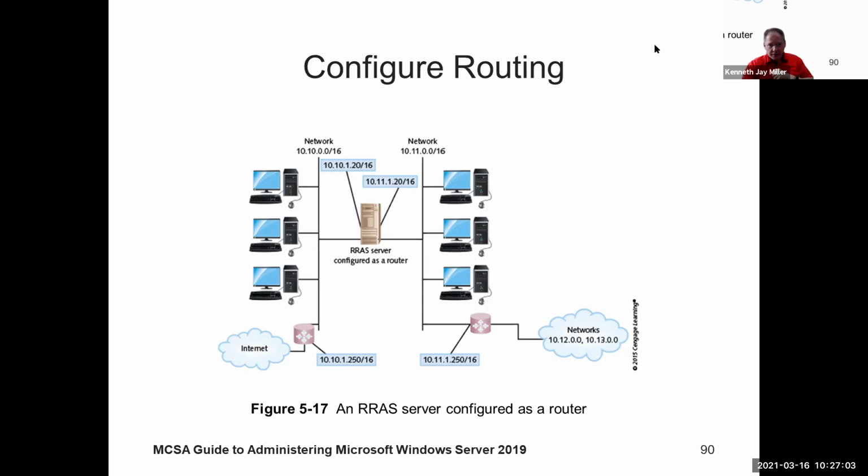Now, our network is going to look a little bit different in that this 10.10.0.0 network is going to be on our internal network. It's going to be 192.168.100.0, so that means the first 3 octets are the network ID. And then on our outside network, it's going to be 10.29.72.0.